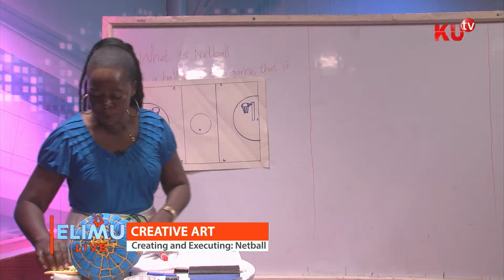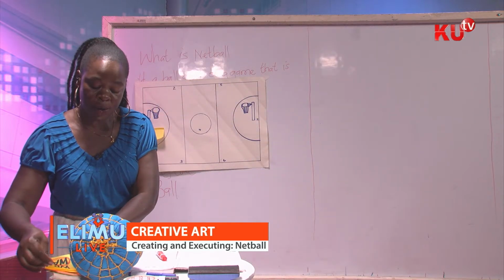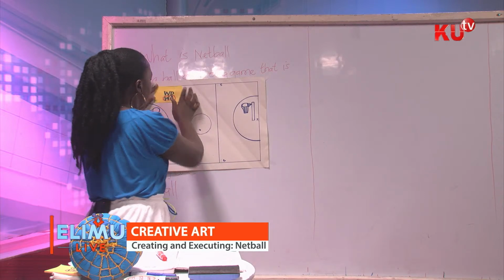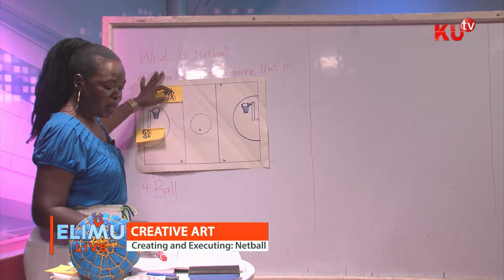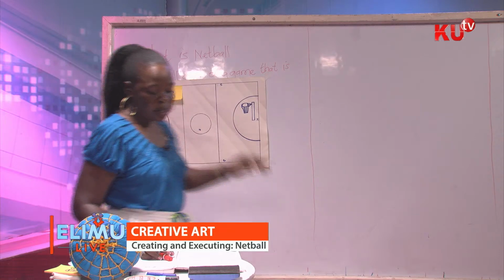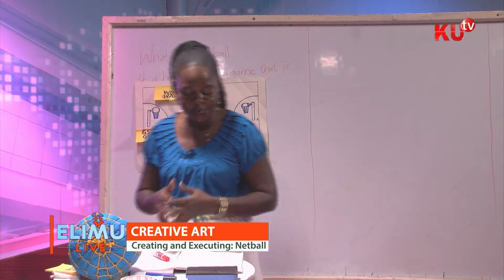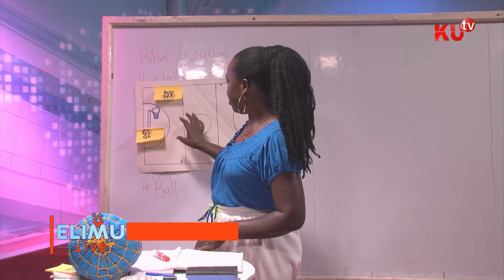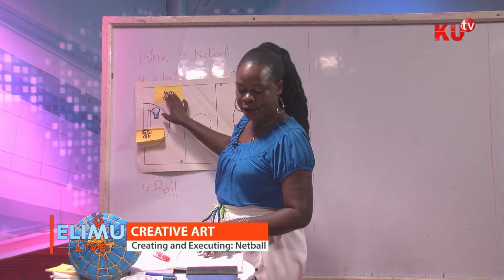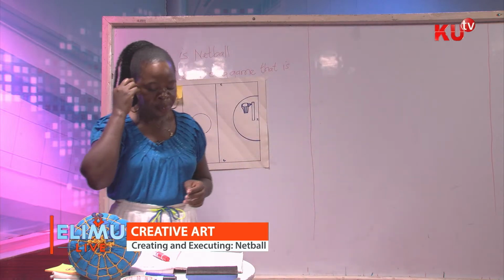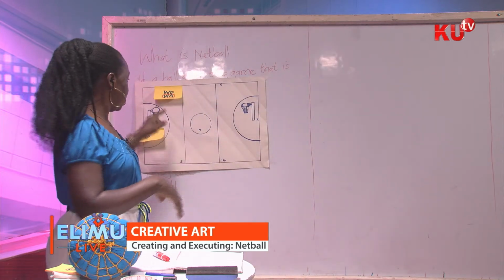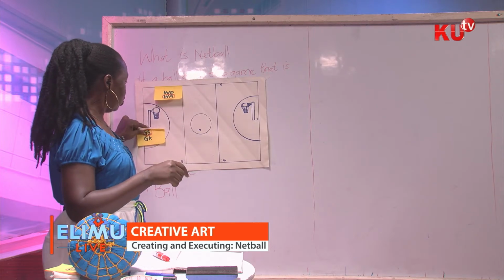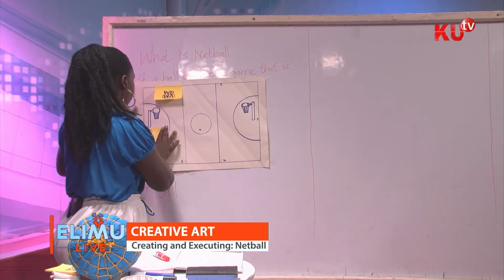Then number 2, we have the wing attack and the wing defender. The wing attack's work is to receive balls from the center and then pass the ball to the goal shooter to shoot.